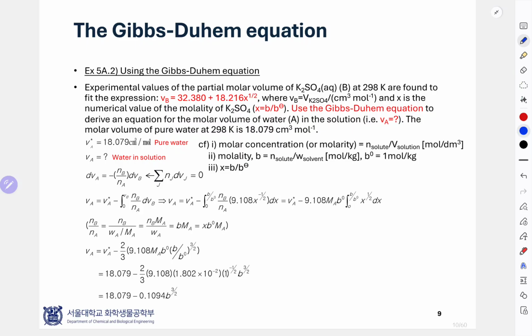And the molar volume of pure water at 298 K is 18.079 cubic centimeter per mole. Let's solve this problem.